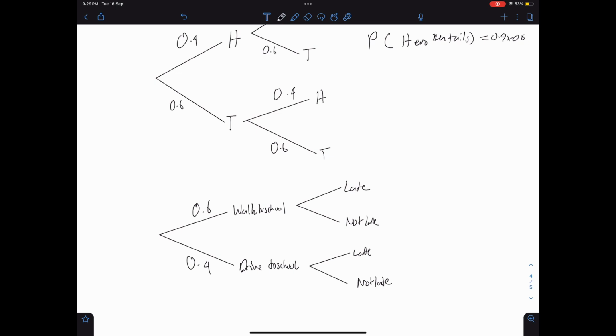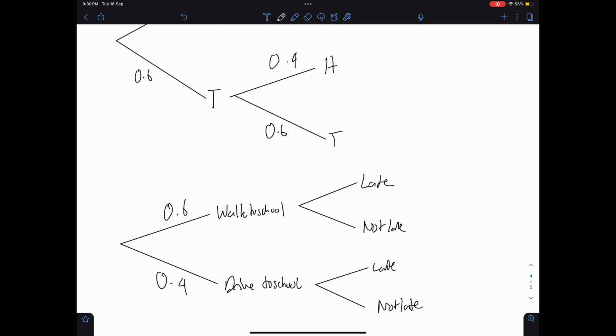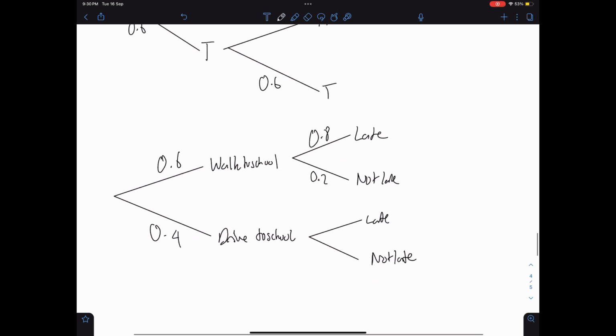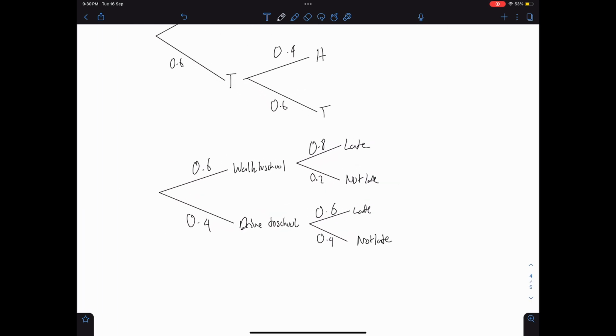But perhaps if I walk to school, I'm more likely to be late. So now the probability of being late or not late changes based on what has happened here.